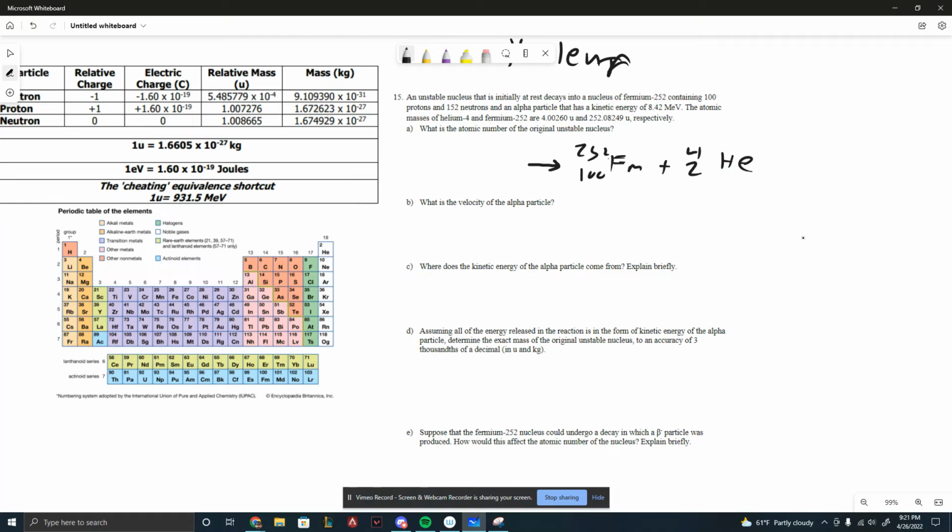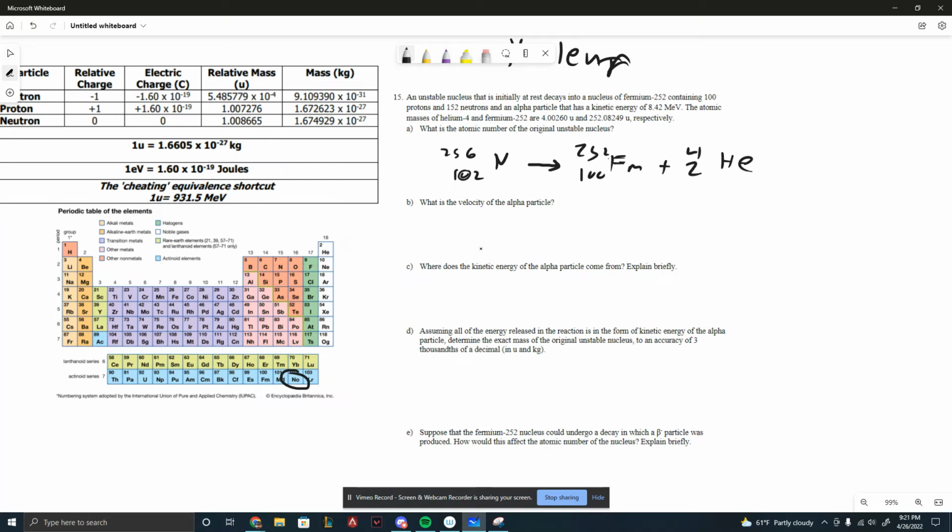If we add them, we get 256 on the top and 102 on the bottom. If we look at what this atomic number corresponds to, that is No right here. So the atomic number of that is just 102. This is your answer right there.